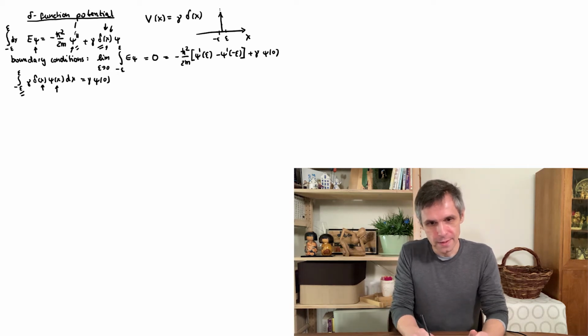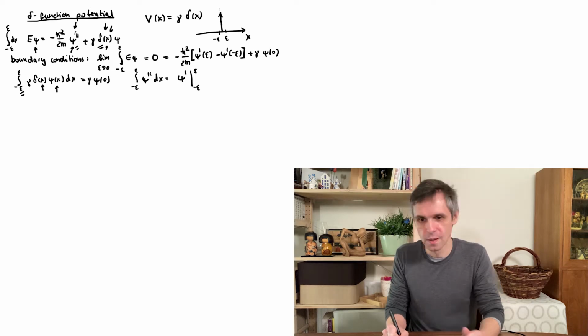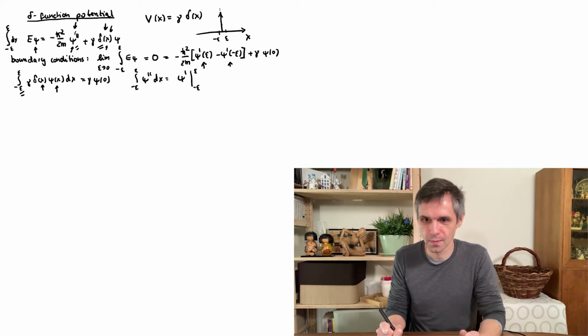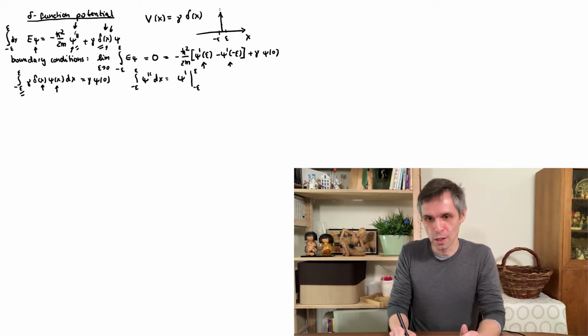And in this term here, again, I integrated this piece here, and this just becomes the first derivative evaluated at these two different positions. So this just gives us these two terms. And now we see that this actually amounts to a boundary condition, because this left-hand side also has to be evaluated in this limit where epsilon is very small.